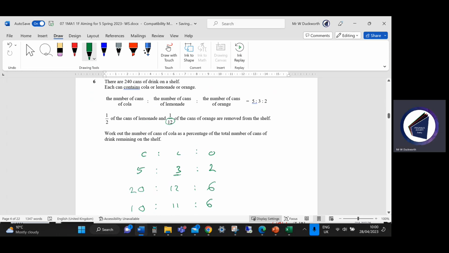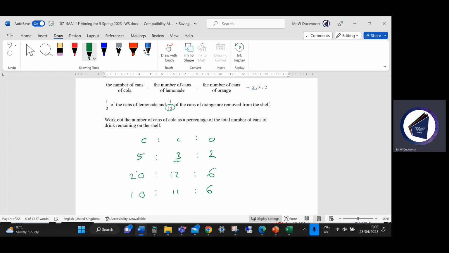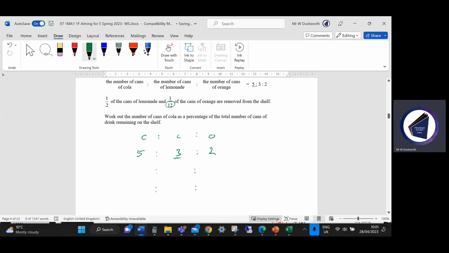Oh, okay. I've only just spotted that we had 240 there, which would be a much better way of doing it. So let's scrap that. Let's rewind and actually go for the numbers. So we've got 240 split into that ratio. There are 10 parts to the ratio, so each part is going to be worth 24.